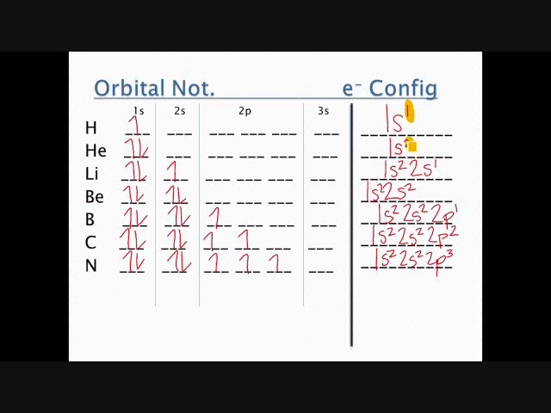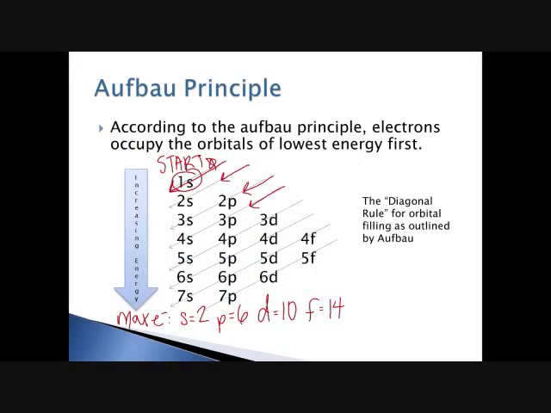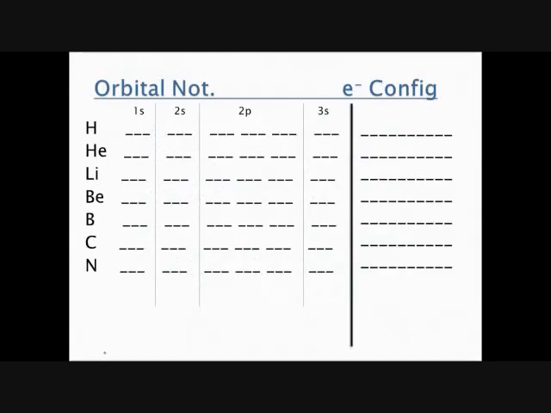Lithium has 3 electrons, so it's 2 plus 1 gets us 3. So those exponents are what we count up to know we have a certain number of electrons for the atom. And the way that we know when to stop when we're doing the diagonal is when we get the number of electrons we're supposed to have. And we always go in the same pattern as we go. So let's do the first one.